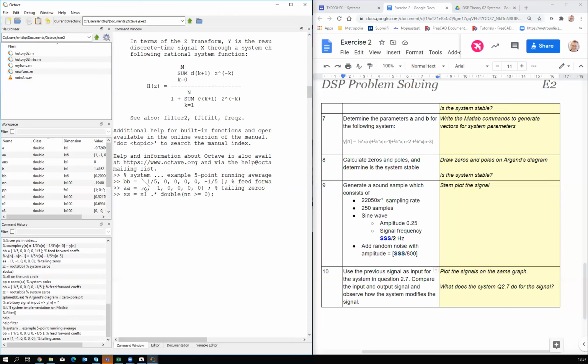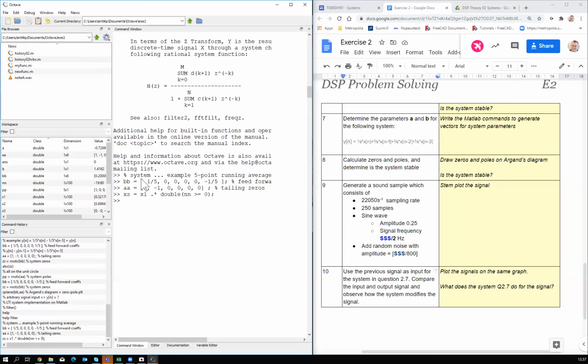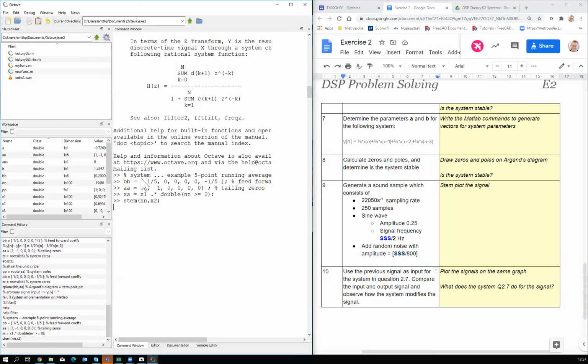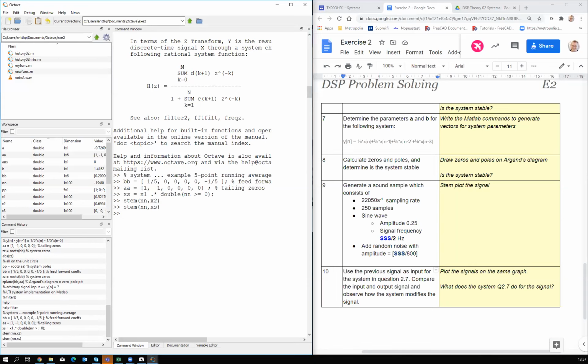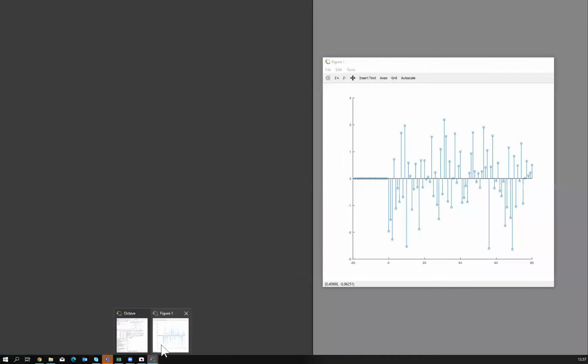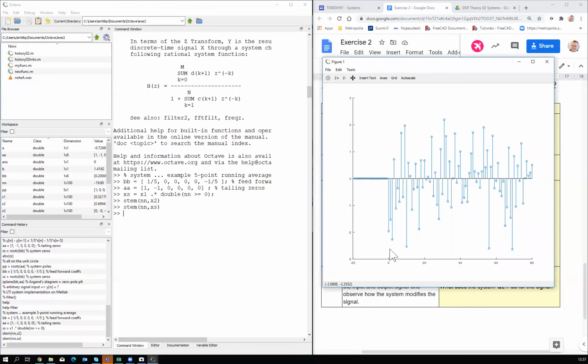So this is my signal, xs, which starts at origo here, and random values.